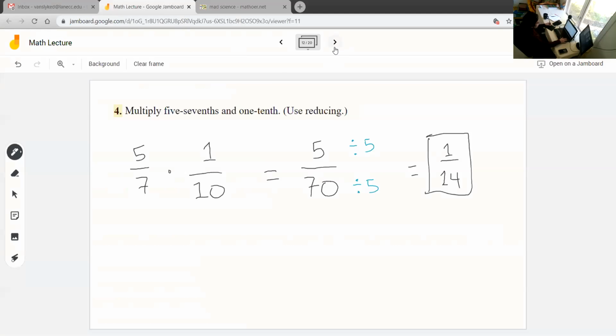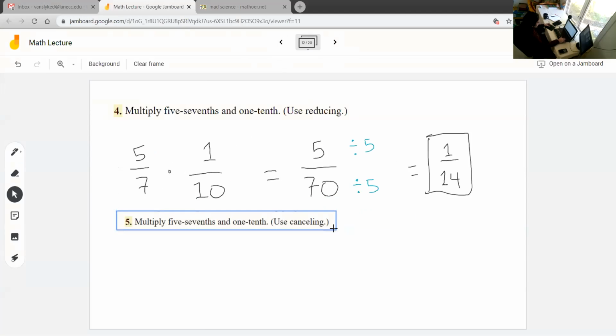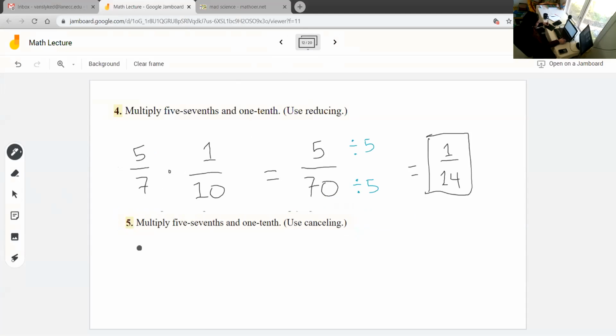So if I was to take my, well, we can fit it on the same one. I could say I have my 5/7 and I'm multiplying it by 1/10. Instead of doing my divide by 5 top and bottom over there, let's do it over here. 5 divided by 5 is just 1. 10 divided by 5 is 2.